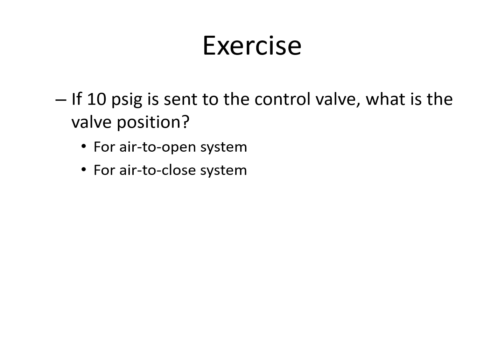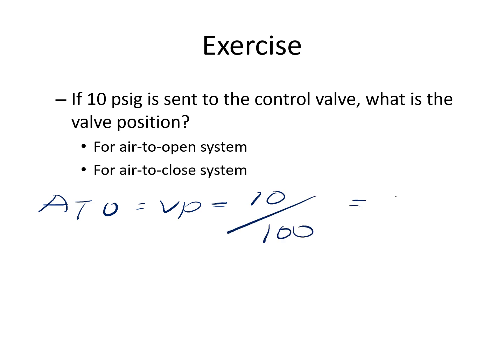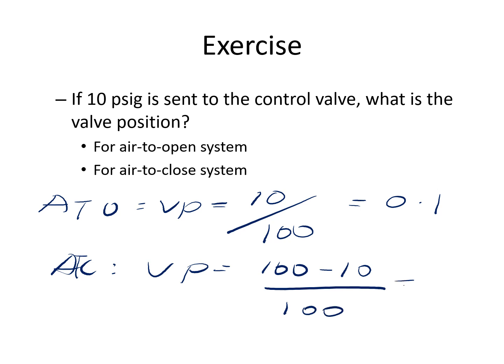For ATO, the valve position VP is equal to the controller output, which is 10, over 100. Then you get 0.1. For the ATC, VP is 100 minus 10, over 100. So this one is 0.9.